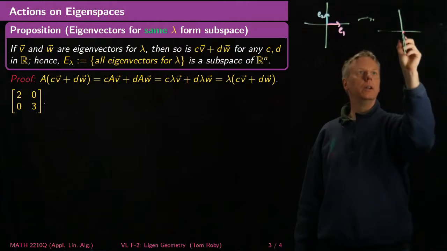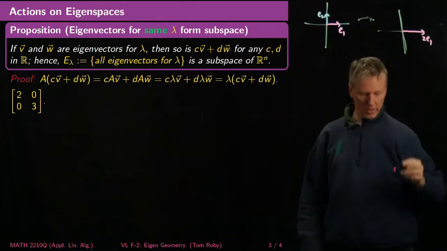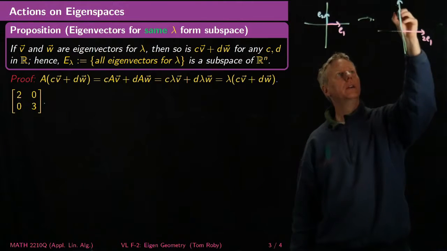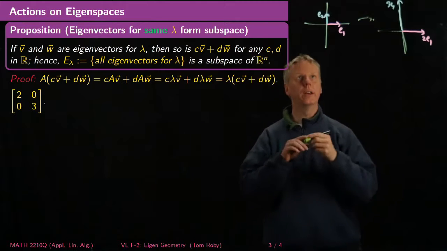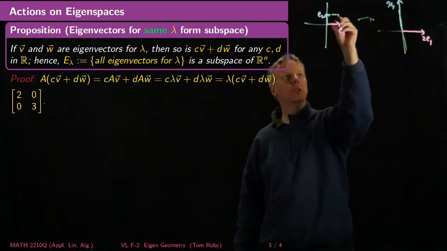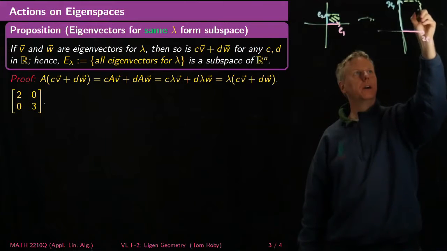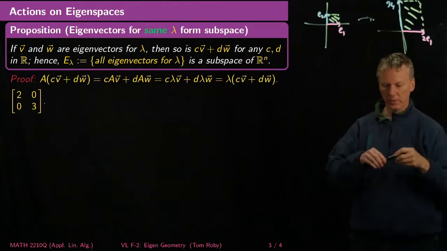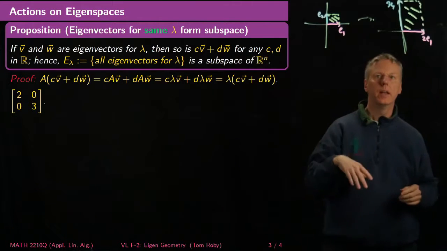So this gets stretched by a factor of 2. So this is 2E1 in the image. The height gets stretched by a factor of 3. This is 3E2. And if I wanted to think about the unit square defined by this, I'd be replacing it with a rectangle that had height 3 and width 2, and so area 6.